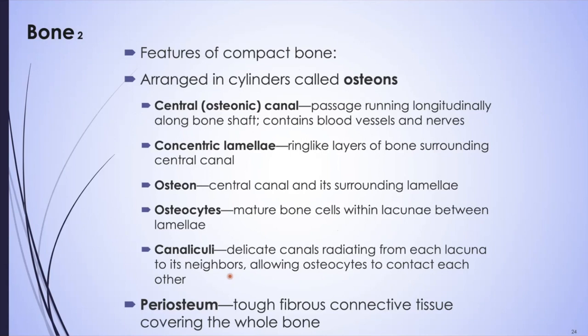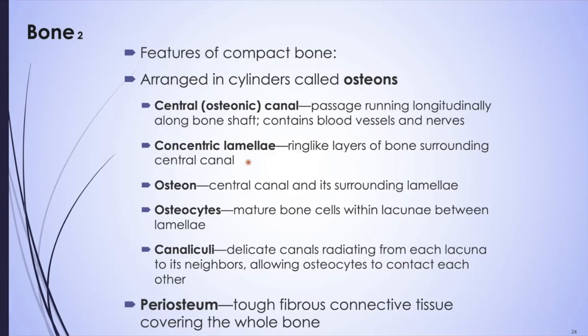Your bone is arranged in cylinders called osteons. The center of that is the osteonic canal, or central canal. It runs the length of the bone shaft, and that is where you find your blood vessels and nerves.